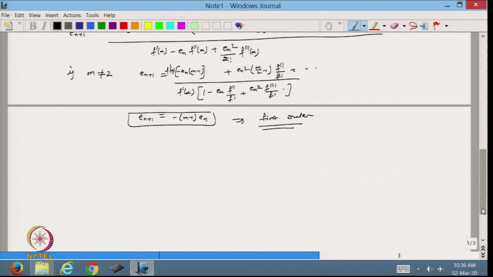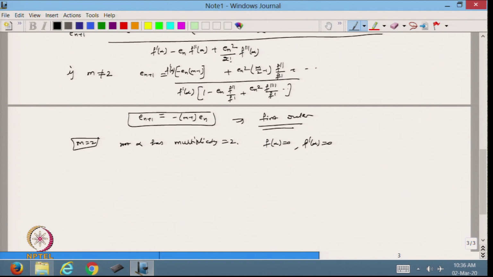Now, what will happen if I have m equal to 2? M equal to 2 means the root alpha has multiplicity equal to 2. It means f alpha is 0 and f dash alpha is 0.